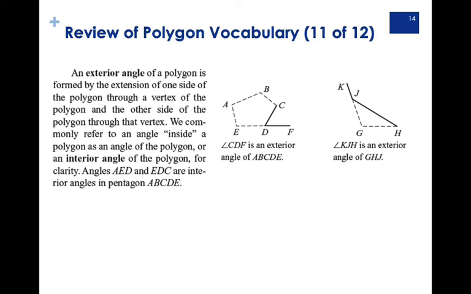And an exterior angle of a polygon is, here we have the actual polygon, and so that angle on the outskirts there, that's outside of the polygon, and an interior angle will be the angle inside in the actual polygon region.